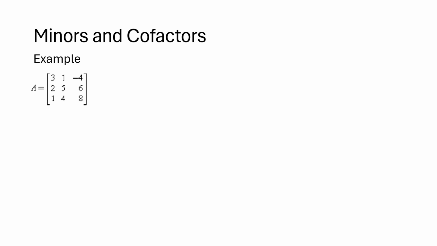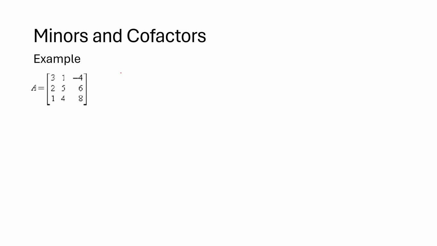Now let's say that we are going to find the minor of entry A sub 1 1. Meaning that if that would be the case, we are going to have something like this.